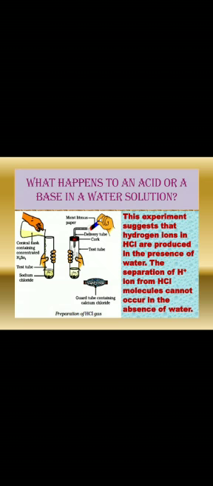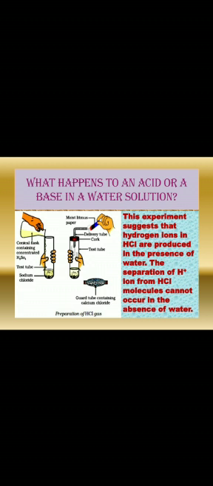What happens to an acid or base in a water solution? Do acids produce ions only in aqueous solution? Let's test this. A test tube in which a small amount of sodium chloride is taken. To this, a little amount of concentrated sulfuric acid is added. When the reaction takes place, hydrogen chloride gas is produced.